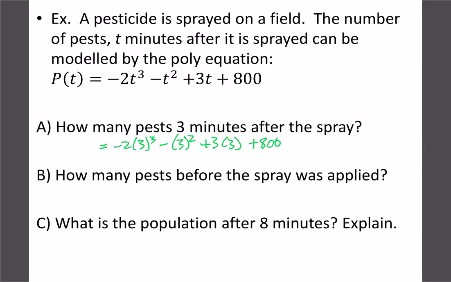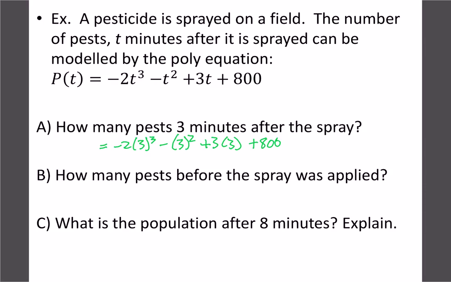Or if you really wanted to, from your graph, you would have to figure out what the y coordinate's going to be when x is 3. So if you do graph it, you could put in second calc value of 3 and see what that works out to.